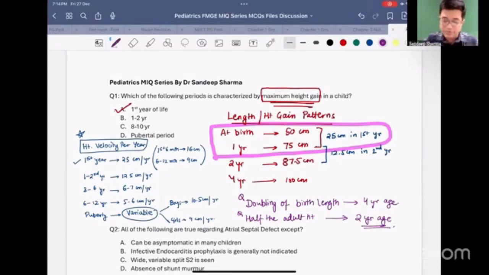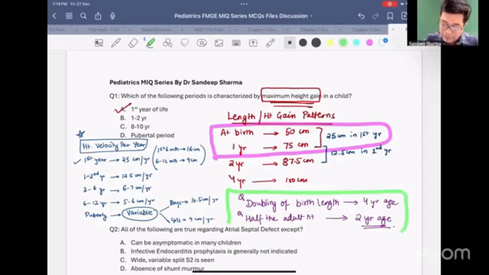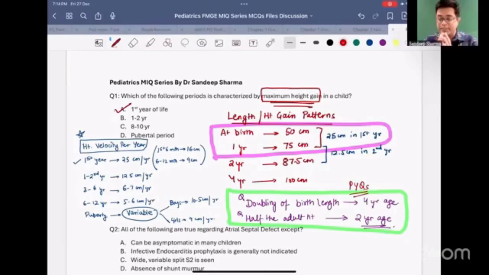So both of them, I'm putting them in a different colored box. Both of them are PYQs, previous year questions. If you don't remember them already, add them to your notes. So half the adult height is attained at 2 years of age. And this 2 years of age, it is not 18 to 24 months, Ronak Agarwal, it is 24 to 30 months, which is a better answer if you have ranges mentioned.